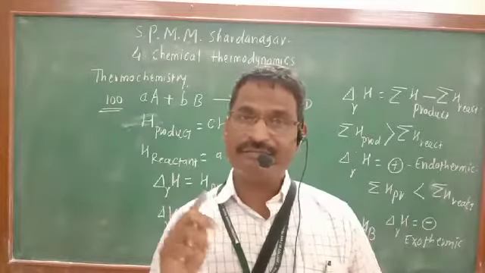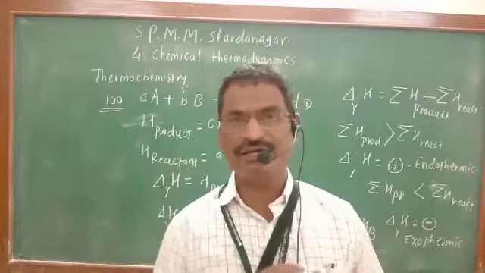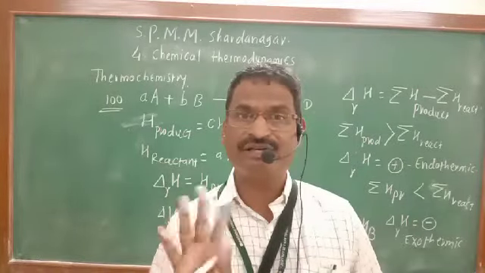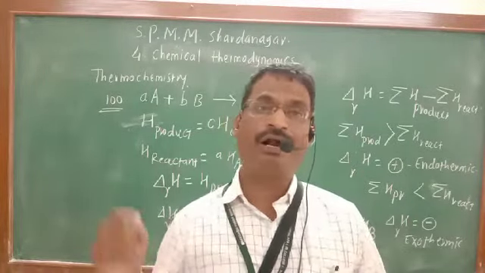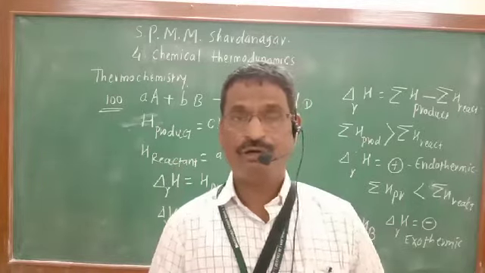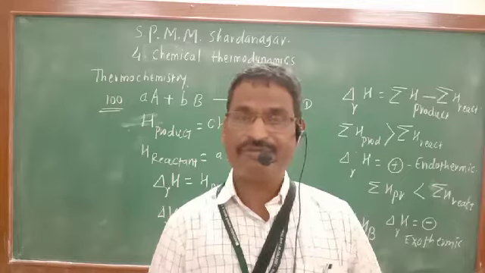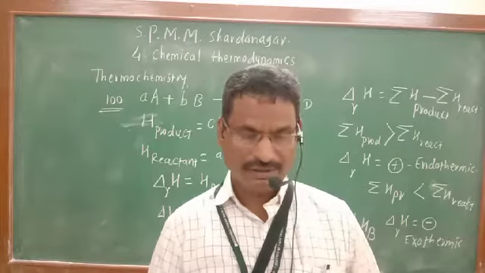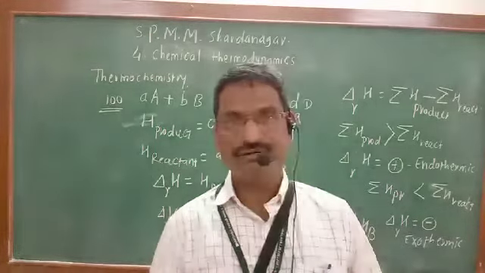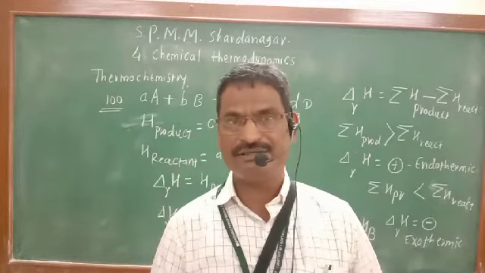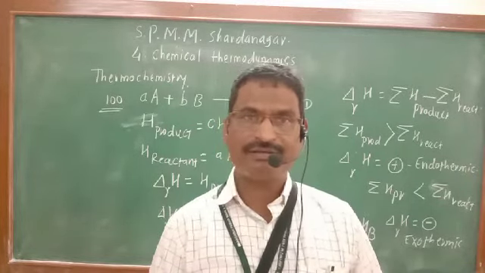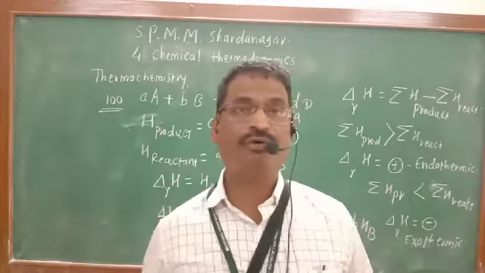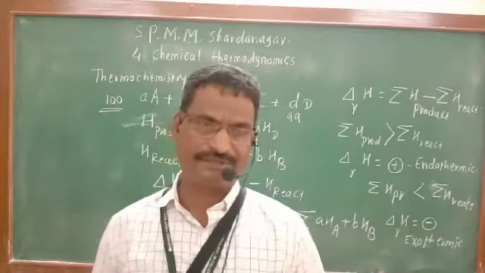But the standard temperature is almost equal to room temperature, that is not 273 Kelvin, that is 298 Kelvin, 25 degrees Celsius. 25 degrees Celsius means 298 Kelvin, and the state of a substance at 298 Kelvin temperature and 1 bar pressure, that is 1 atmospheric pressure, is termed as the thermodynamic standard state of the substance.